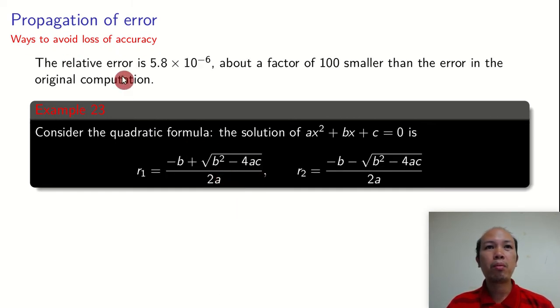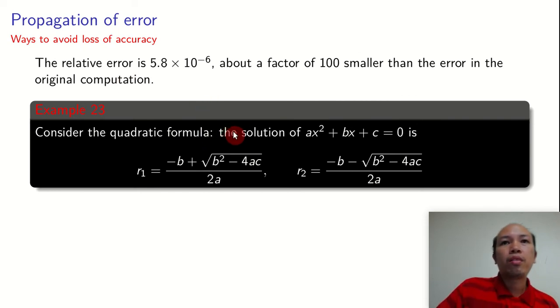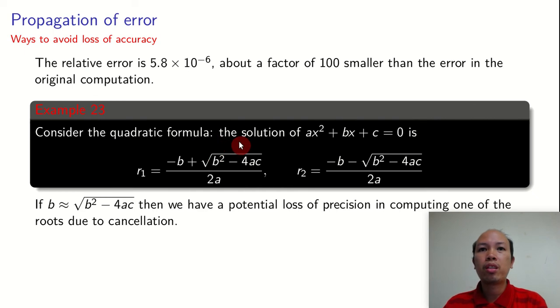So let's have more examples on how to avoid this. If you remember your quadratic formula, this is the quadratic equation ax squared plus bx plus c, and we have the roots r sub 1 and r sub 2.